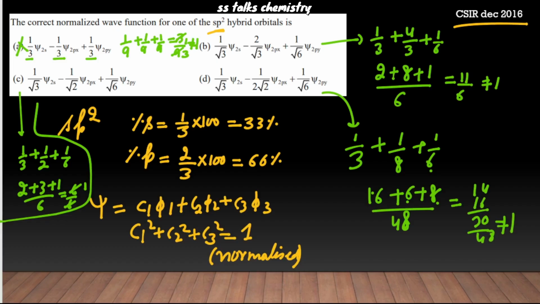So it clearly implies the normalized wave function is only option C, right?